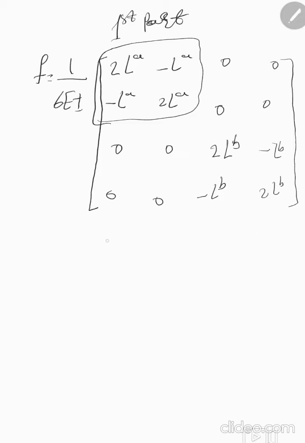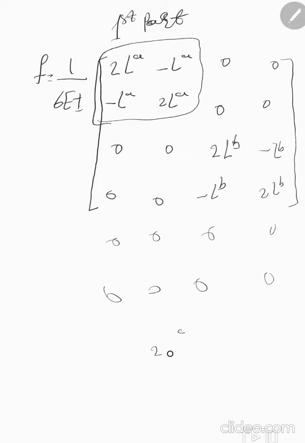For example, you will write 0 0 0 0 0 0 0 0, and here, because I don't have enough space on my screen, it will be like this: 2LC, minus LC, minus LC, and 2LC, like this. But here I don't have enough space, and maybe I can show you in the next video.